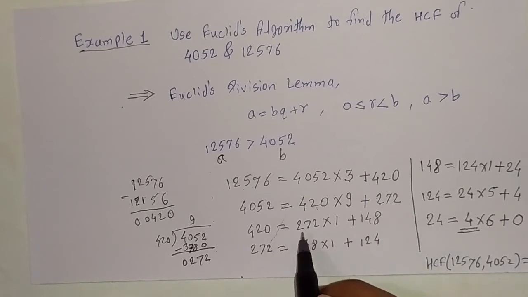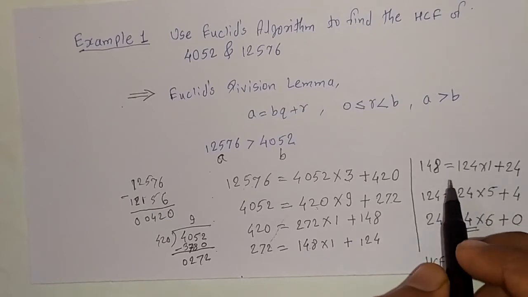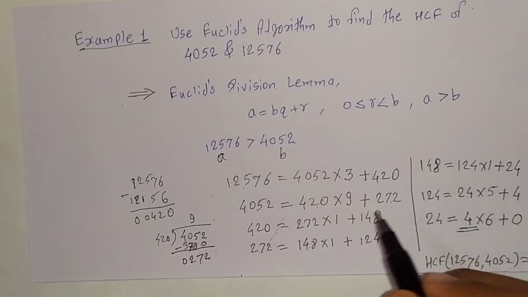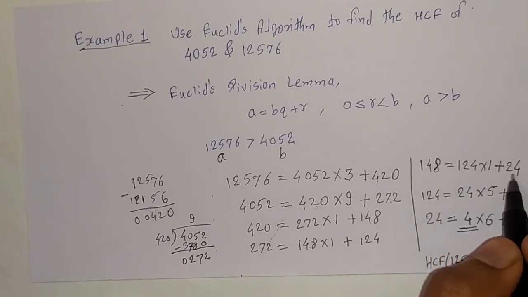In next step, dividend will be 272, divisor will be 148, quotient will be 1, because if you multiply by 2, then it will be greater than 272. So it has to be 1 only. Remainder you will be getting is 124. Now next step, the dividend becomes 148, divisor 124, remainder 24.